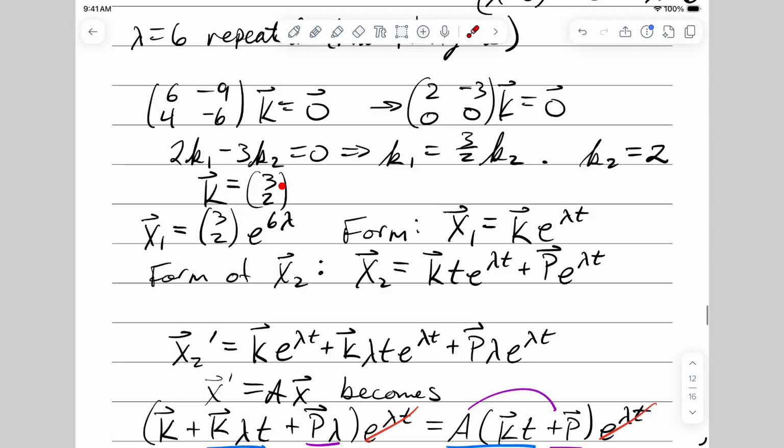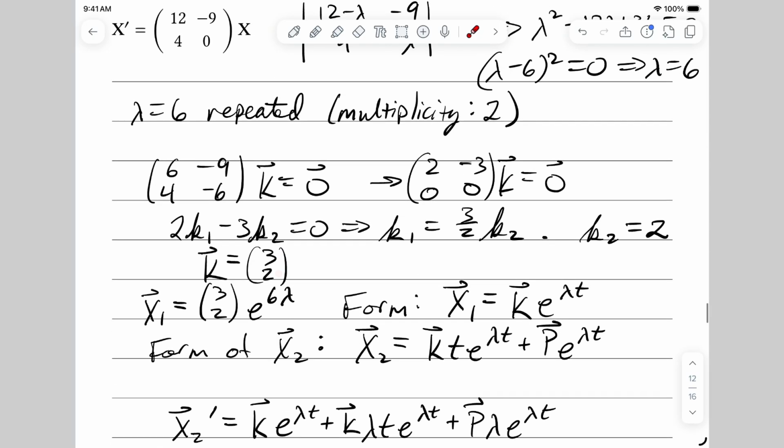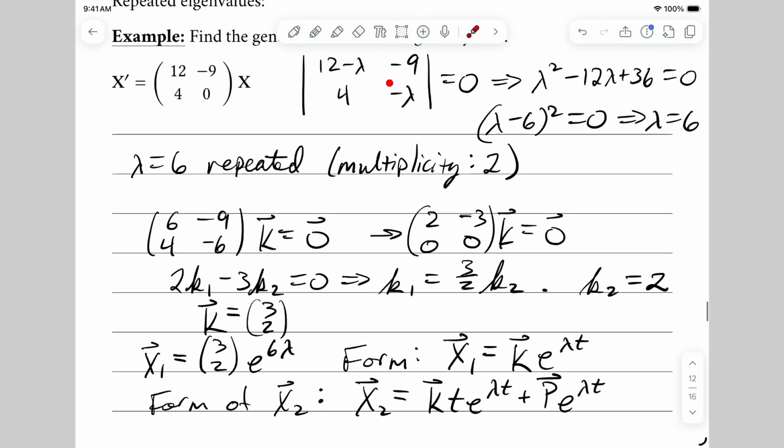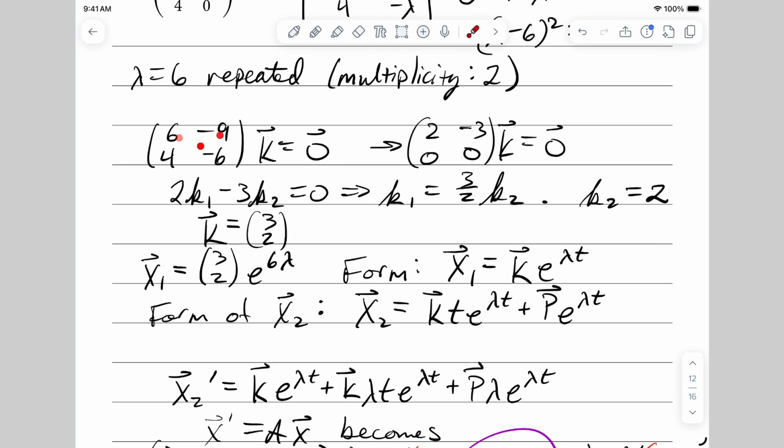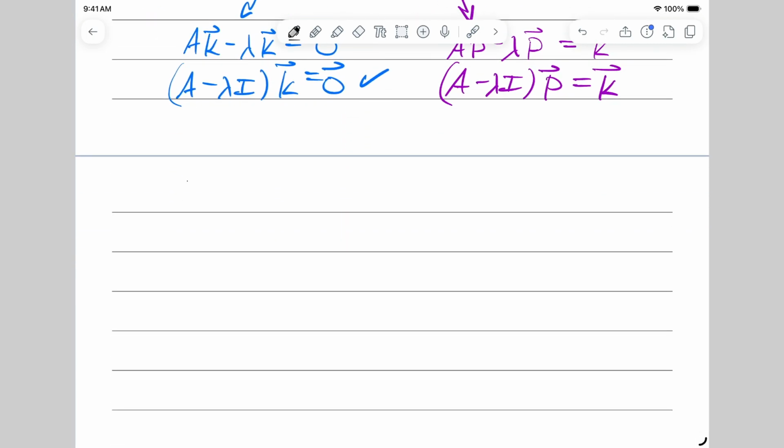Here our k is (3, 2), and A − λI, when λ was 6, was [6, −9; 4, −6]. We always have to use that form of the matrix. So this gives us [6, −9; 4, −6] times p is equal to k, which we know to be (3, 2).